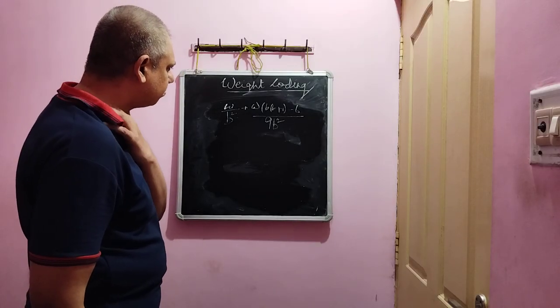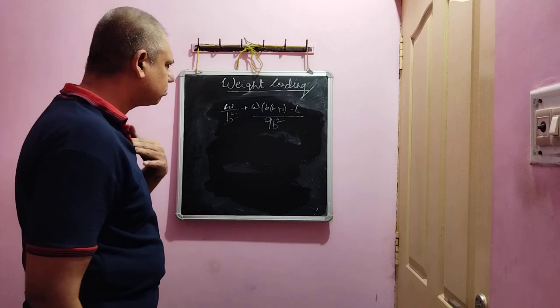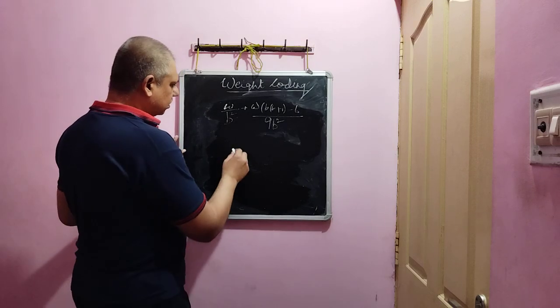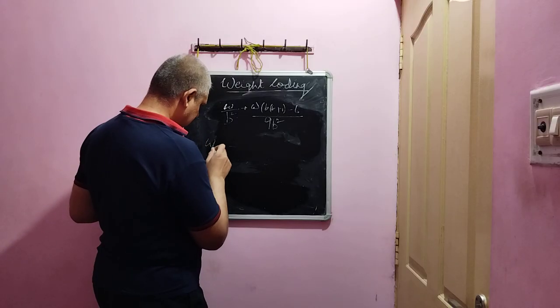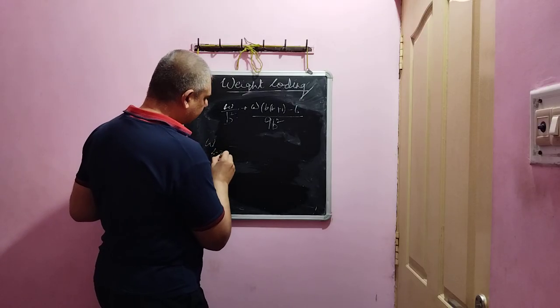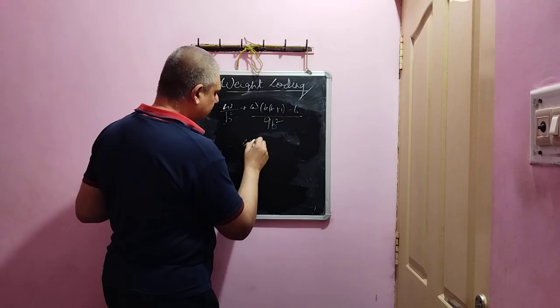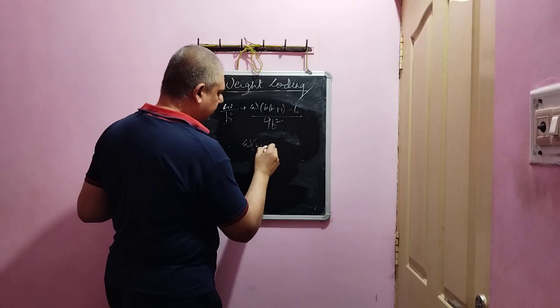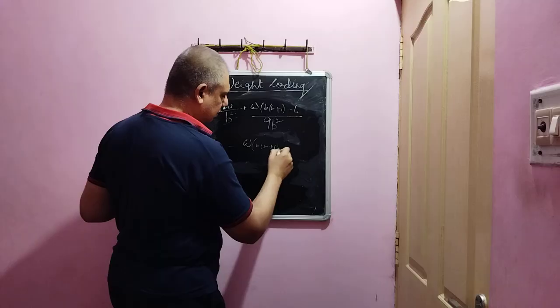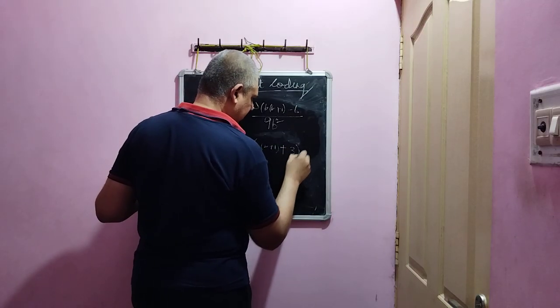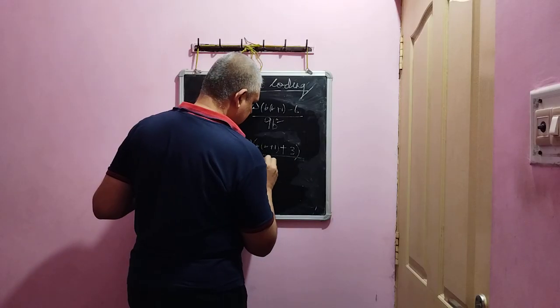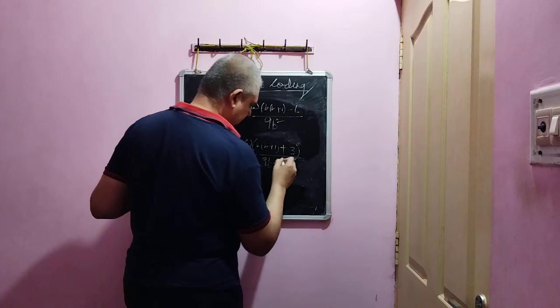Okay. So WL minus 3 will be W B into B plus 1 plus 3 by 9 B square.